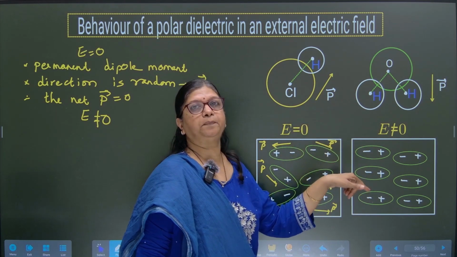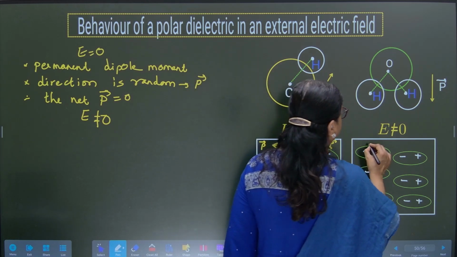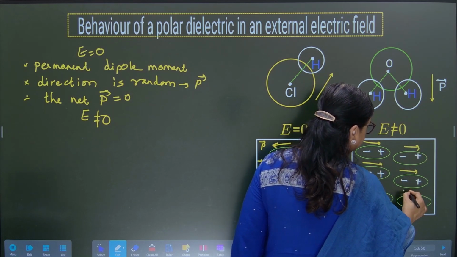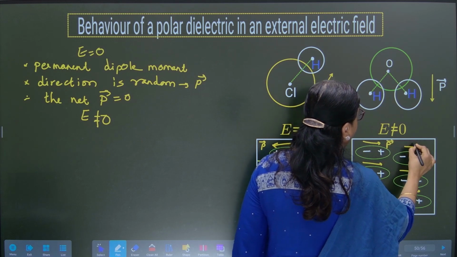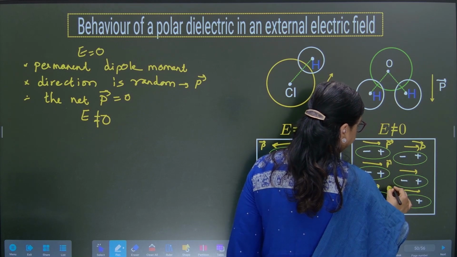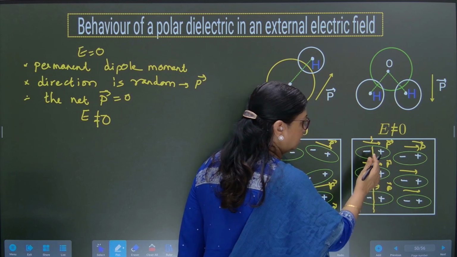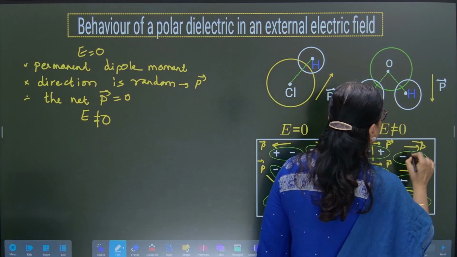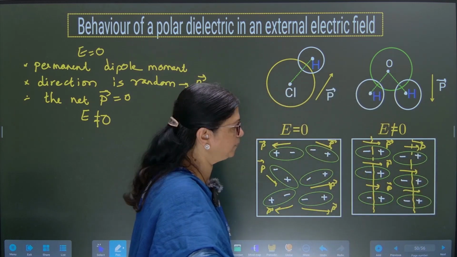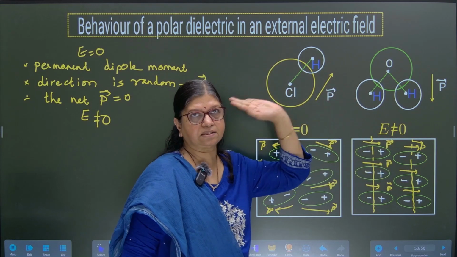As soon as I place the polar dielectric in the presence of external field, the dipole moments or the dipoles will align themselves in the same direction as you can see, and this portion will have all negative charges of the dipole and this portion will have all positive charges of the dipole. So this situation is called as the dielectric is polarized.